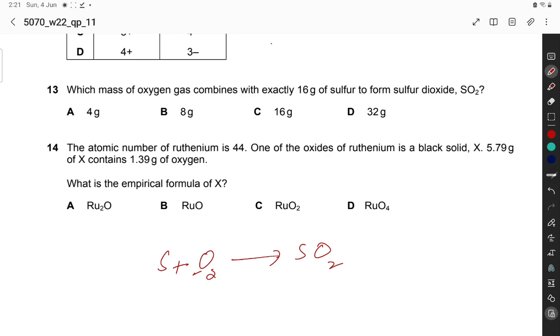So 16 gram of sulfur to form sulfur dioxide. Which mass of oxygen gas combines with exactly 16 gram to form sulfur dioxide?